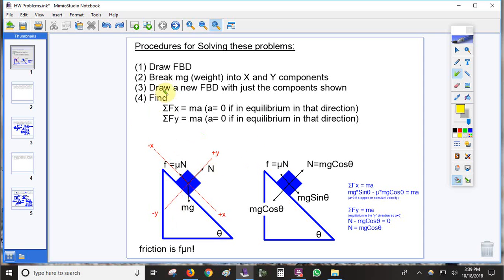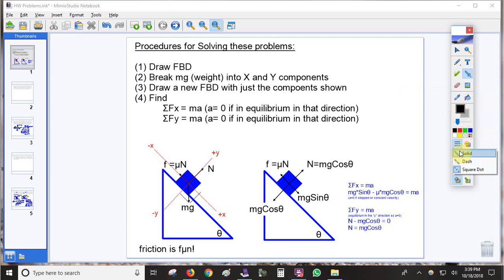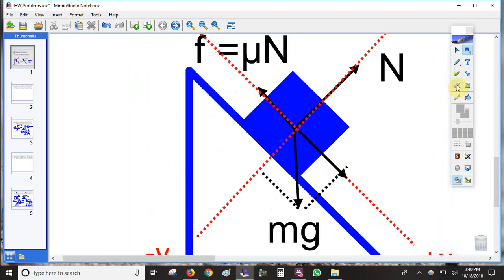After we've done that and we've broken our weight, this mg down here, into its components, which we could think of as drawing a little parallelogram like so, we would have an x component here and a y component here.